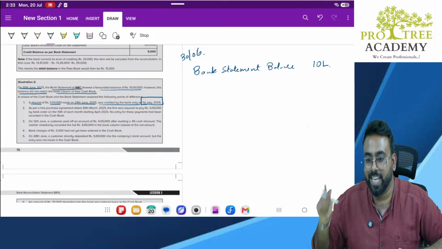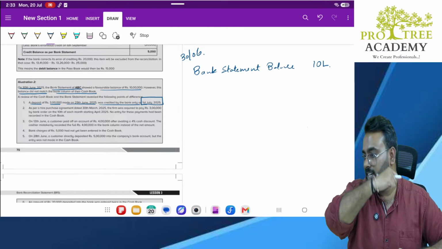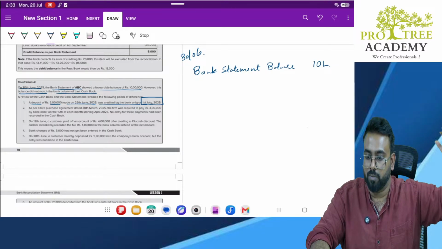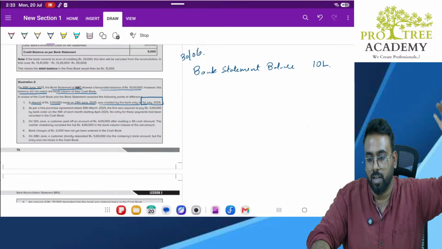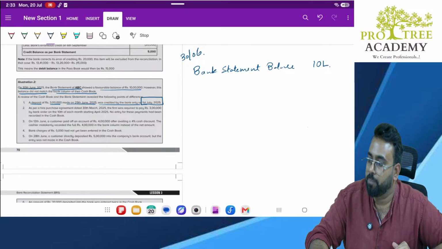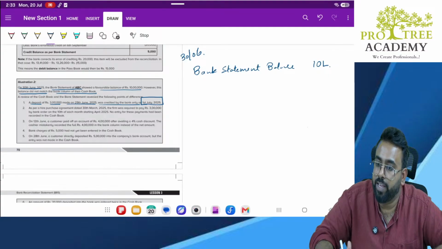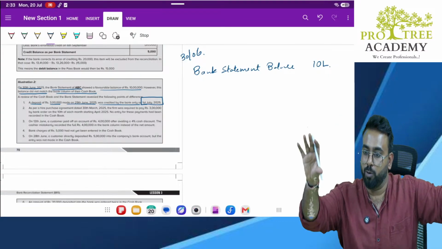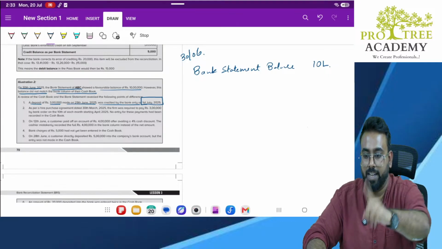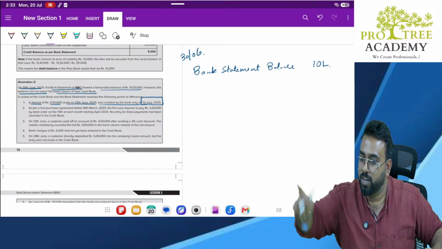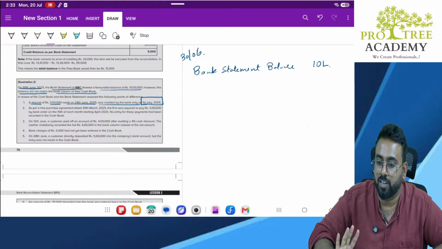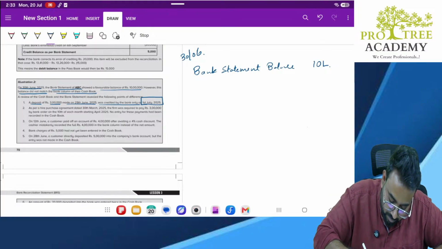They will wait till the check gets cleared. Now, when I have recorded it in the cash book, my cash balance would have already gone up. But my bank balance has not gone up. Why? Because they have not recorded it. So now my cash book should look like the bank book. What should you do? You have eaten the pani puri. Make your friend also eat it. Add it. Correct or no? Add.